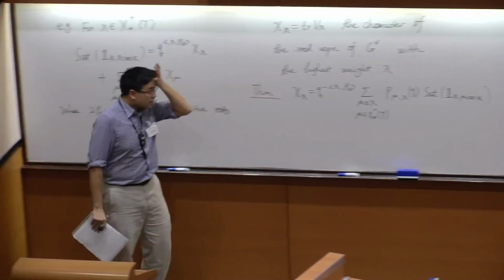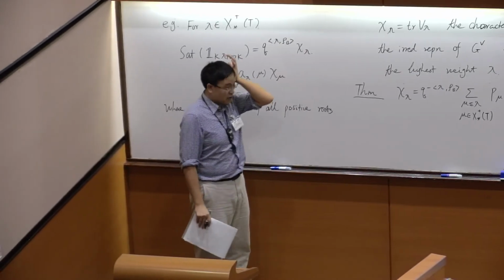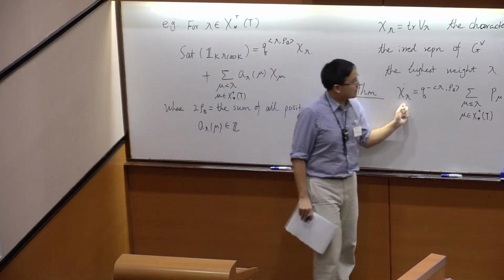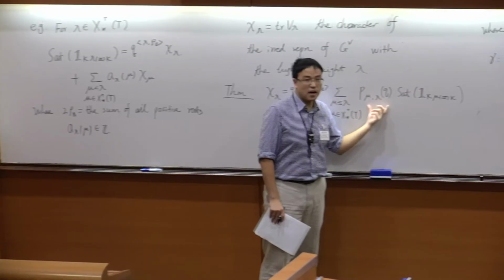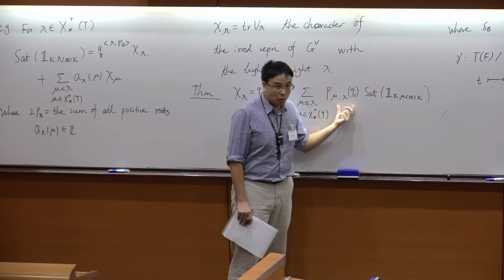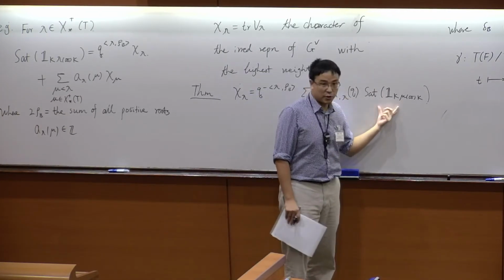And this is one special case of Kato's general theorem. So we write down this chi lambda in terms of the Kazhdan-Lusztig polynomial, and this is our Satake transform of the basis.